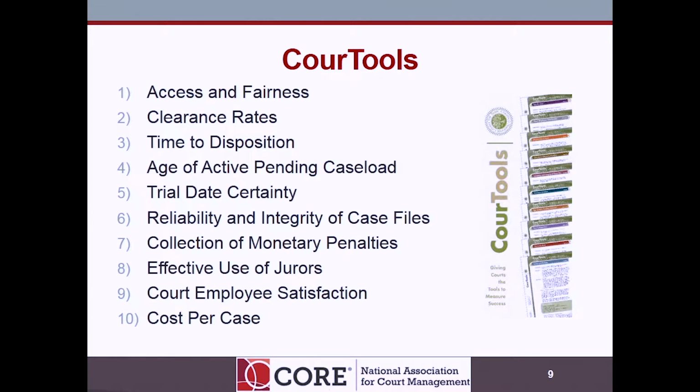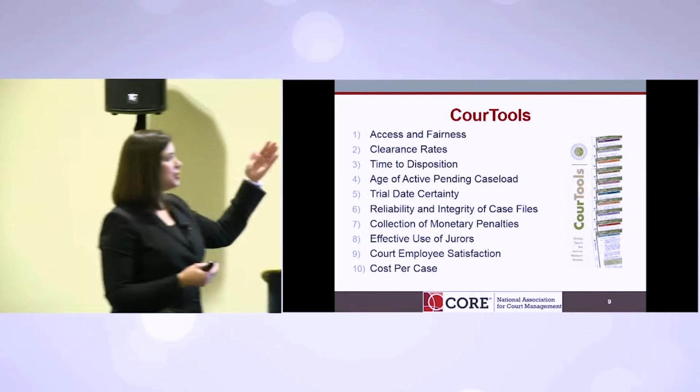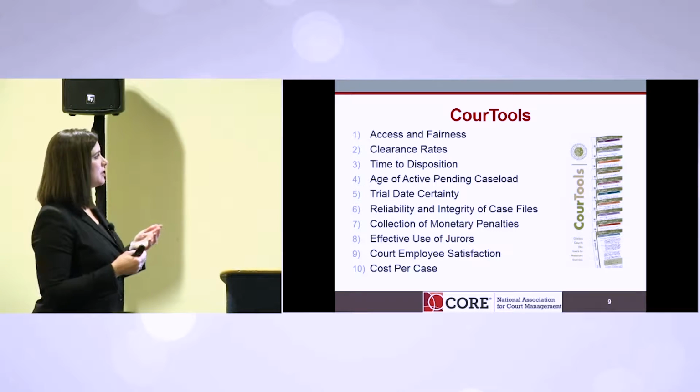So just thinking about the core mission of the court, right, is to do the cases and get the cases done in an expeditious manner while actually taking the time to do justice in each of them as well. So make sure we remember that we're not just about doing things fast, right? We want to make sure that each case is getting the level of justice that it needs. And using the court tools will help you to figure out where that is in the continuum.